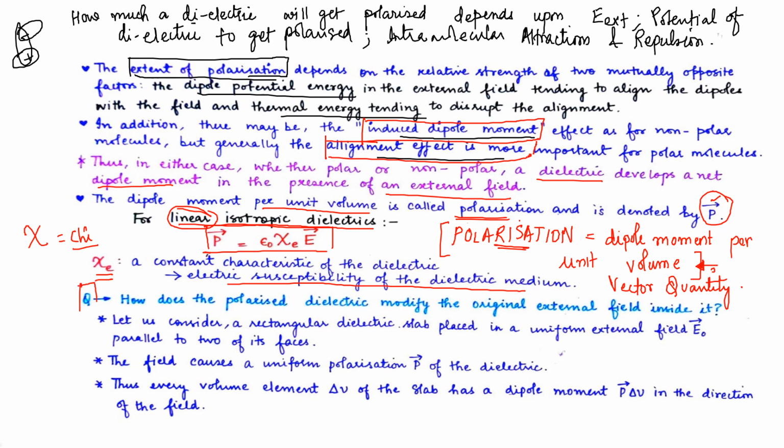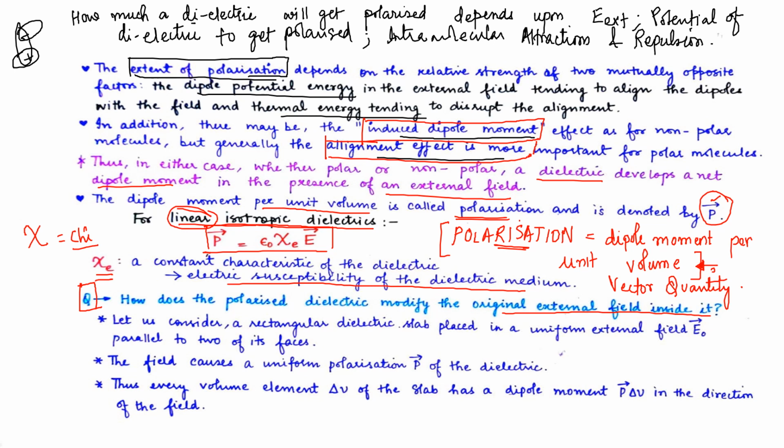Now we have a question under this section: how does the polarized dielectric modify the original external field inside it? What exactly happens to the original external field when these dielectrics get polarized? Why are we reading polarization? Why are we reading dielectrics? We are reading because they make changes, they modify the external field.